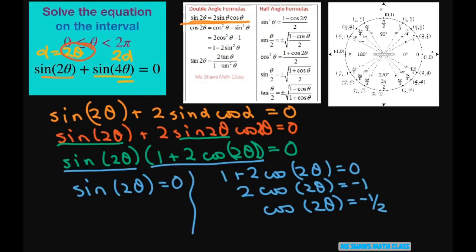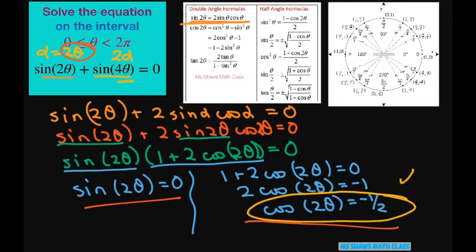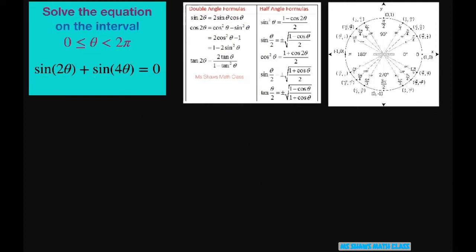Now we're going to have to work on both of these, and I'm going to go ahead and start on this one. So we're going to solve for theta for this one. We have cosine of 2 theta equals negative 1/2.